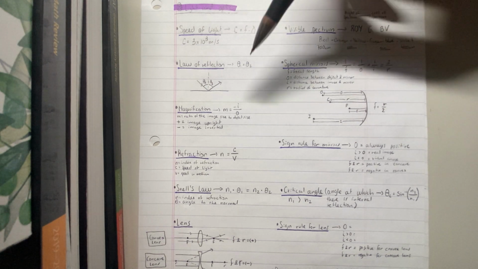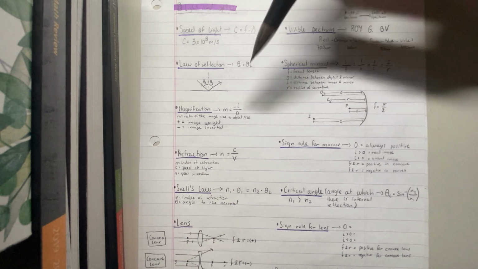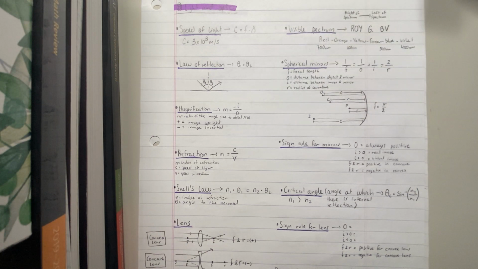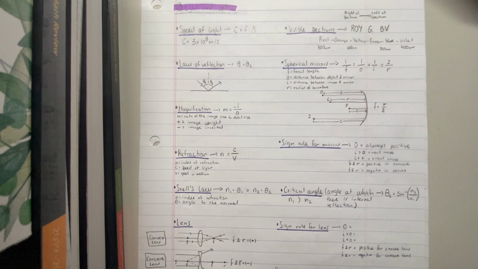Another important thing is the magnification of the image, and this definitely makes sense, right? Because the magnification, or how big an image is, is its size divided by the object size. Obviously, if the image is bigger, then the magnification is going to be bigger than the object.